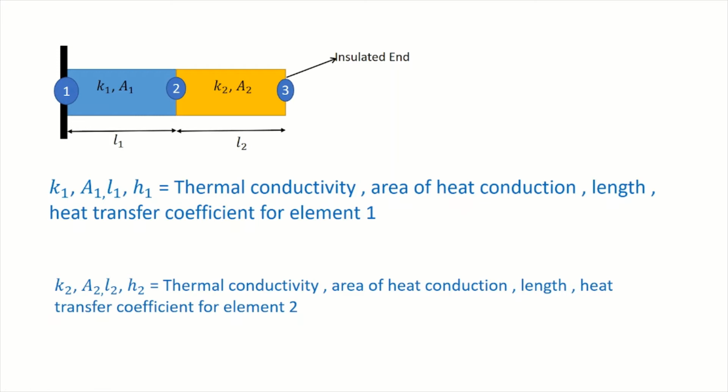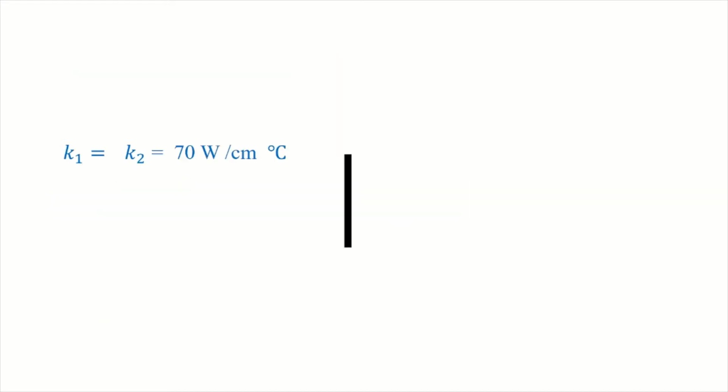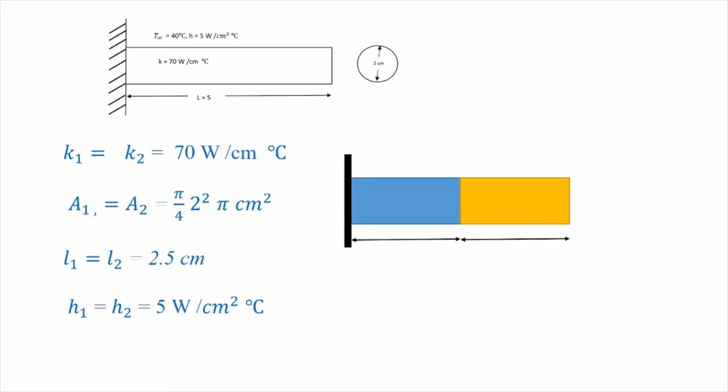And all the parameters are self-explanatory, and the last one is insulated. Insulated means it won't allow heat to transfer, just like your thermal flask. Suppose you are storing cold water or hot water, it doesn't allow heat through. But in real sense, nothing is insulated. Some loss starts taking place anyway.